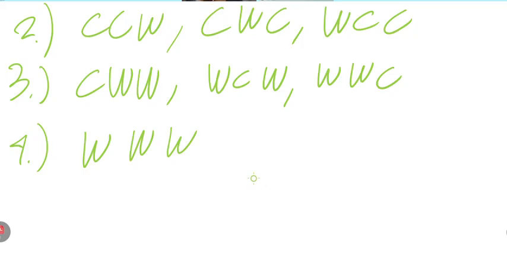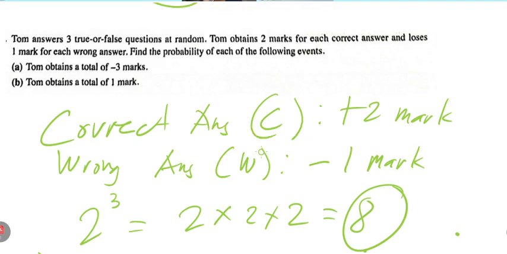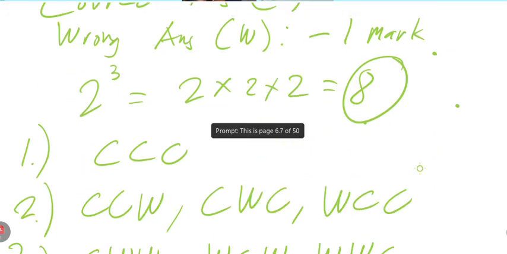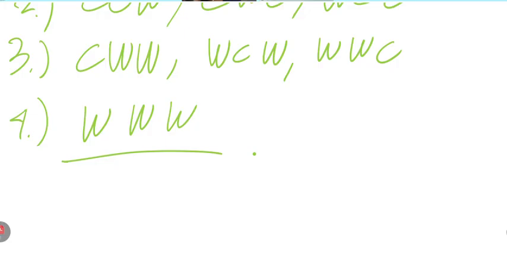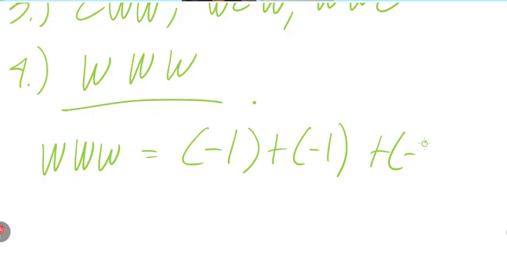Now, let's find the answer for question number 1. Tom obtains a total of -3 marks. To find the combination that yields -3 marks, we start with the wrong answers, which we can write as -1 plus -1 plus -1.